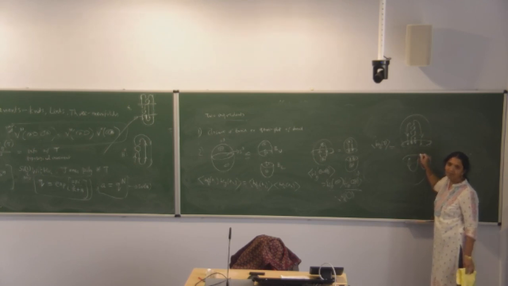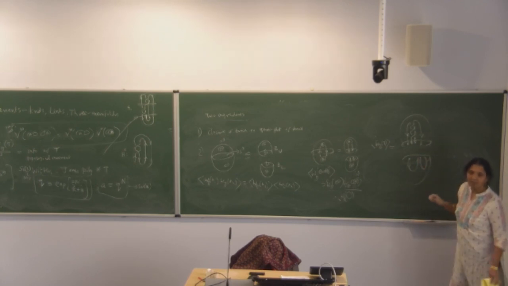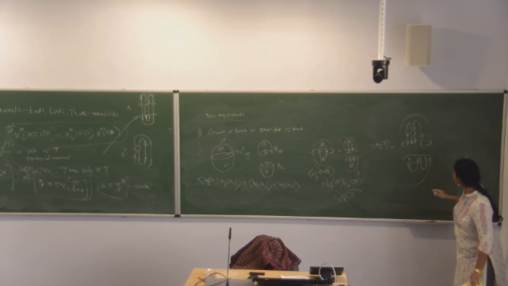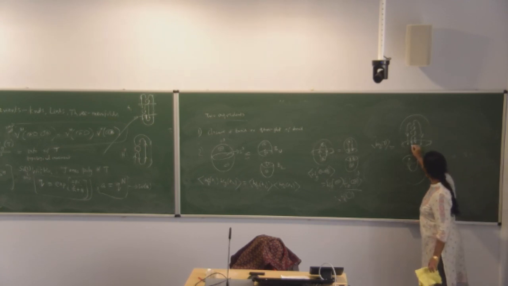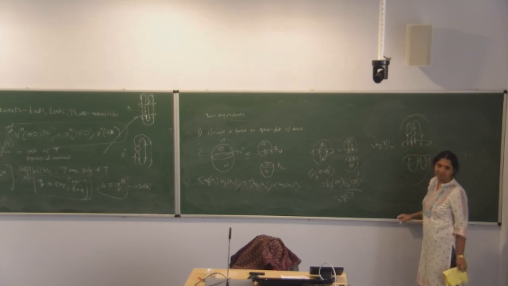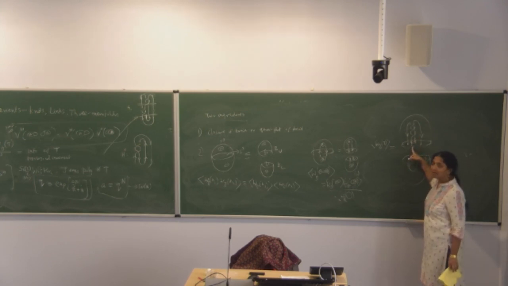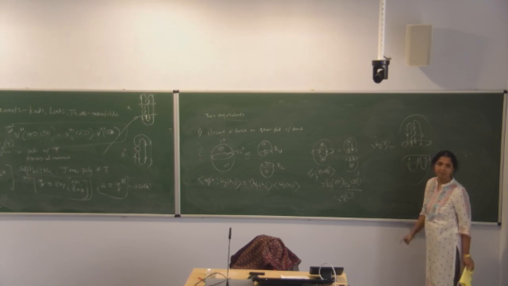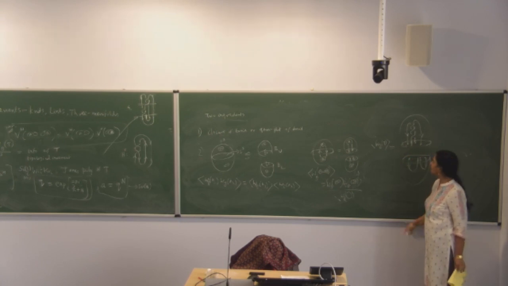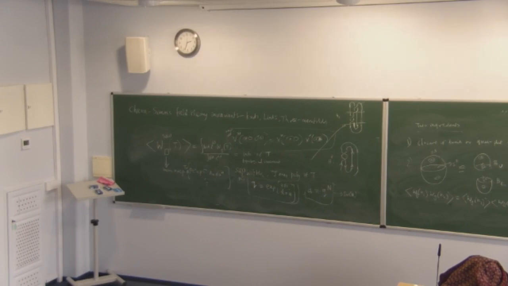So you have to keep track of them when you are doing those calculations. Many times, if we put a representation R here, we're not looking at only the fundamental. If it is ingoing, we put R. If it is outgoing, we put R bar.